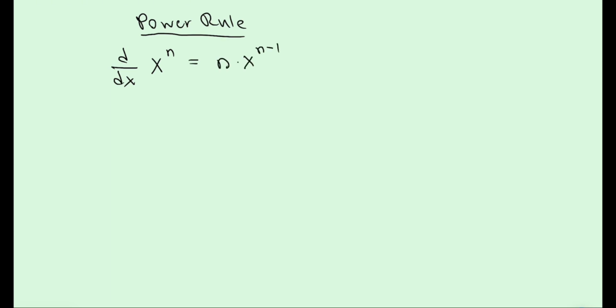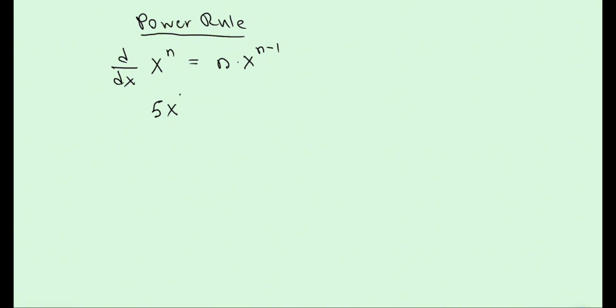Let's talk about the power rule. The power rule states that the derivative of x raised to the n power equals n times x raised to the n minus 1 power. So let's say we have 5x. What would be the derivative here?